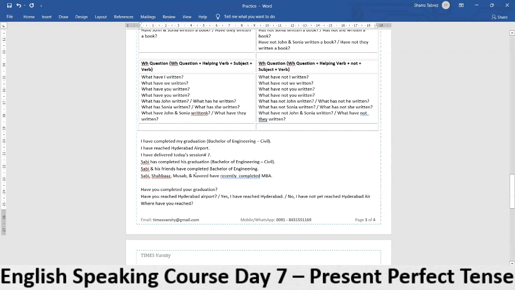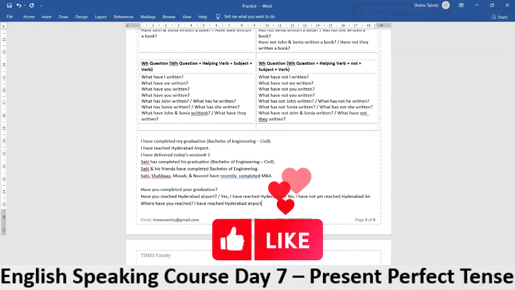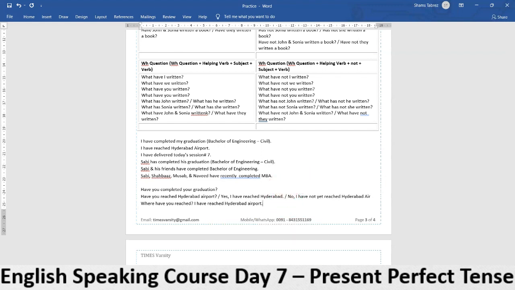So you can say, I have reached Hyderabad airport, right? So this is the WH question in present perfect, and the answer to this one is I have reached this one.